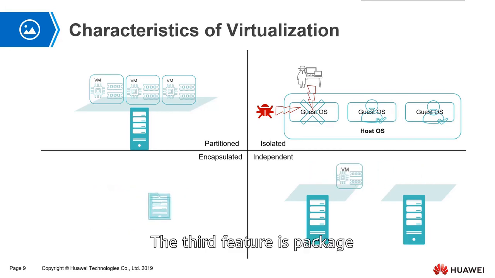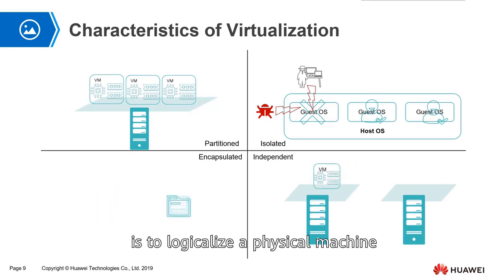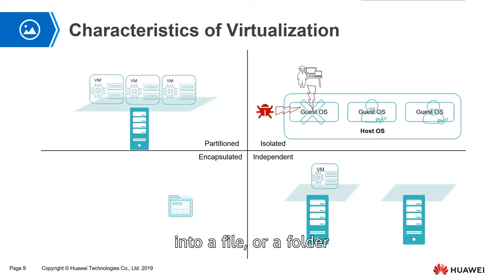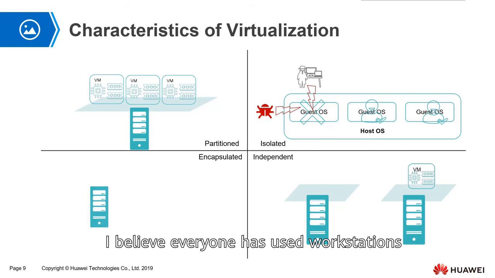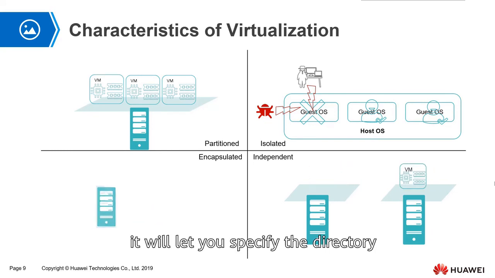The third feature is package. The biggest feature of virtualization is to localize a physical machine into a file or folder. I believe everyone has used Workstation. Every time you create a virtual machine on Workstation, it will let you specify the directory.